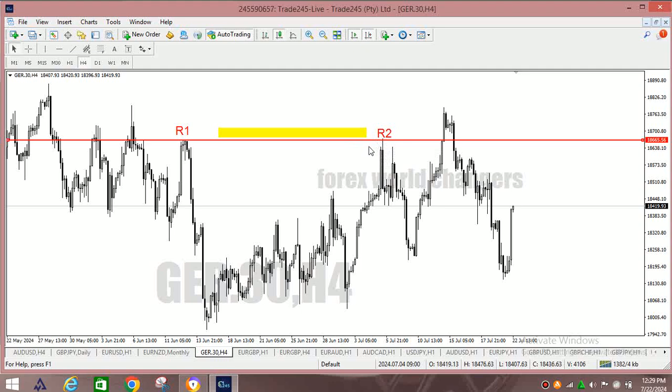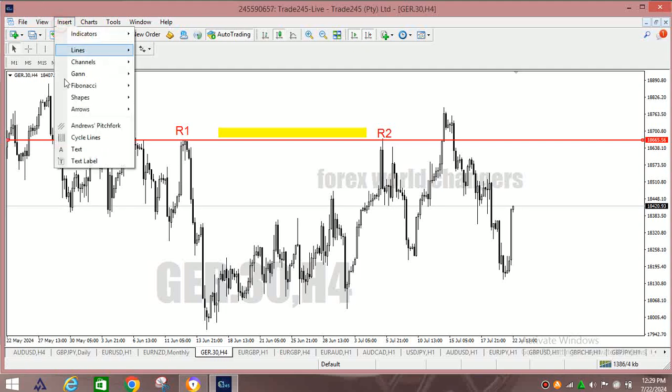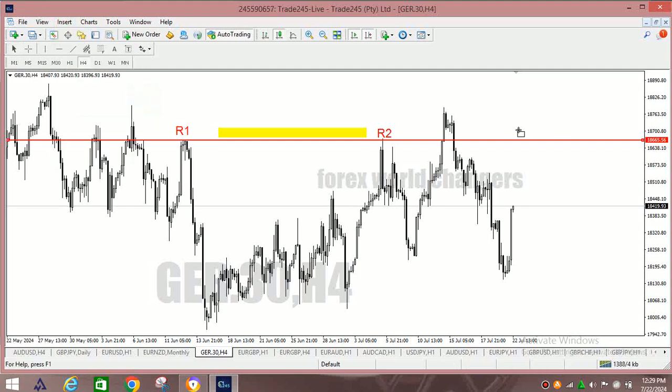What the price did, it went down a bit, and this was not a coincidence, guys. After going up to this zone, you see how coincident it is. It just took out all the stop loss at this point. After taking the stop loss, they decided to go down.